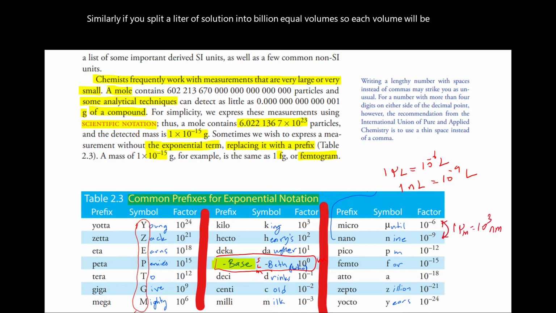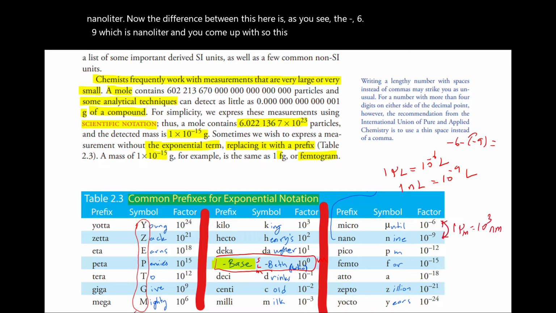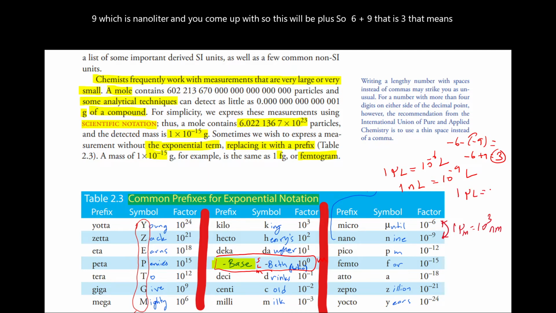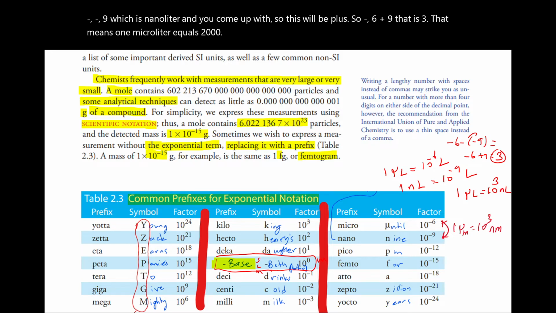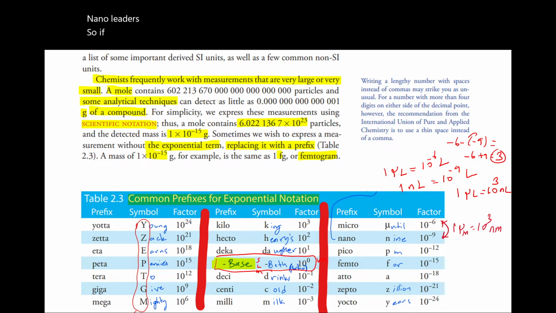Now, the difference here is negative 6 versus negative 9, so negative 6 plus 9 is 3. That means 1 microliter equals 1,000 nanoliters.